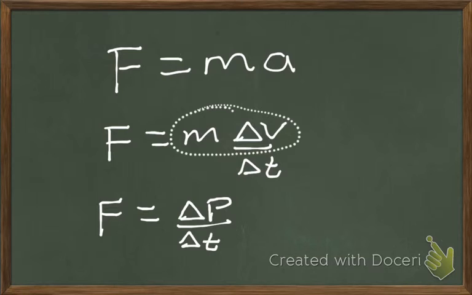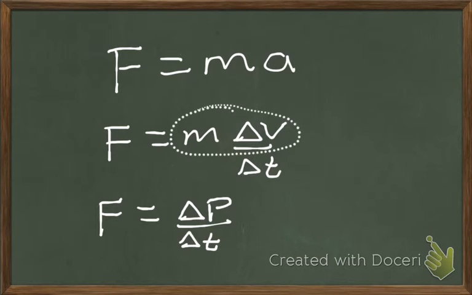So our force is equal to a change in momentum divided by the time. And this is what we said before. If the momentum changes, there had to be a force. Well, it turns out the change in momentum over however long it took is exactly equal to the force.